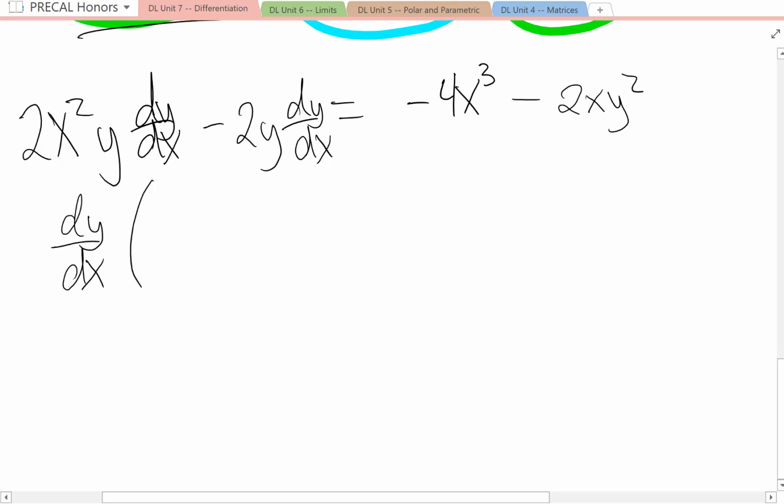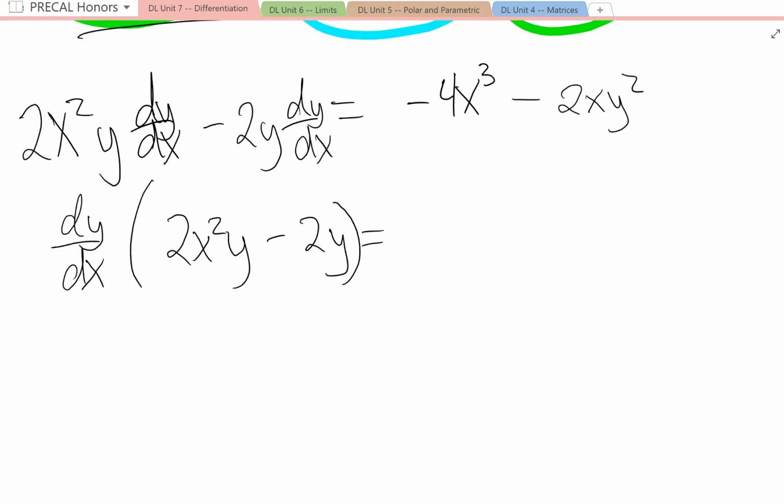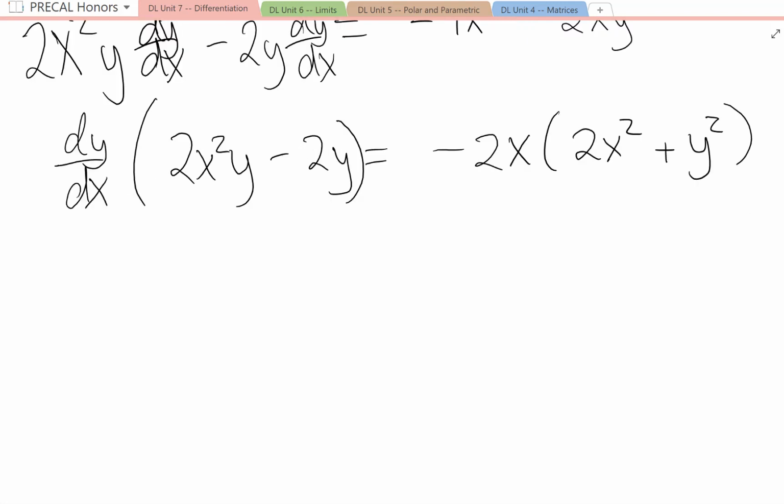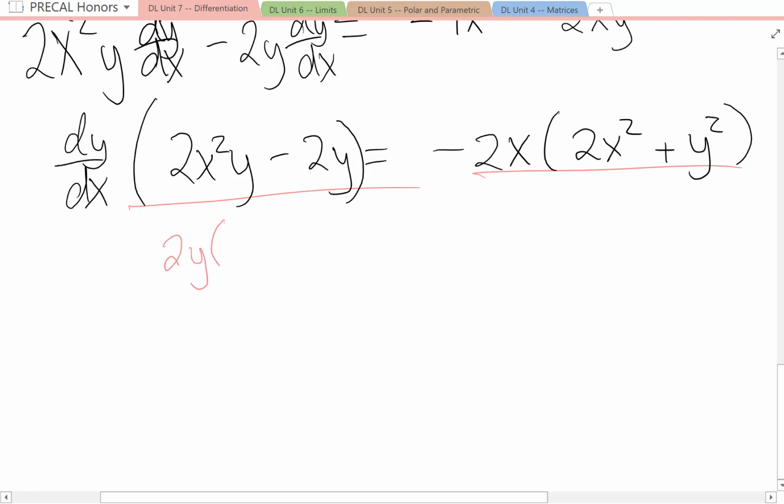So 2x squared y minus 2y equals, and then I would like to factor out anything here. So I factored out a negative 2x squared plus y squared. We'll divide both sides by this quantity, and when I write this down, I'm going to actually factor it as well. Save myself a little bit of writing, so take out a 2y, and you get x squared minus 1.